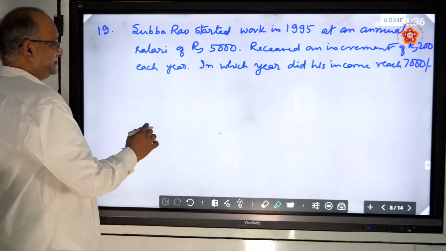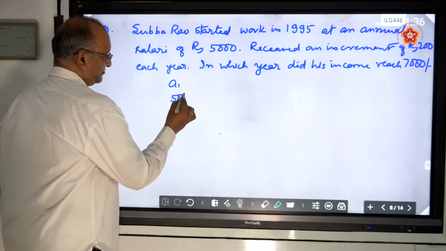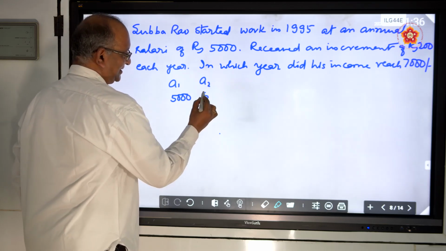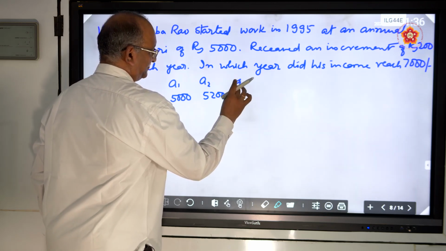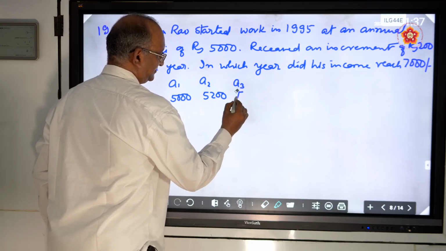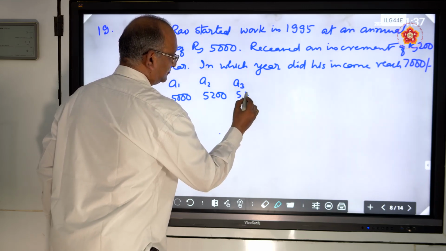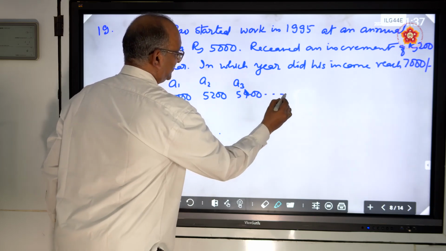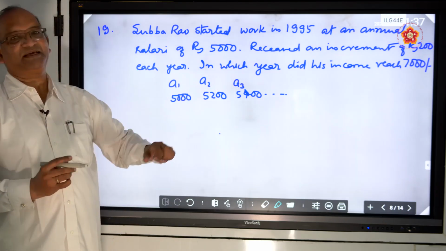First year, how much is it? If we call it a1, the first year his salary is 5,000 rupees. If you take a2 as the second year, his salary is 5,200. Third year, it is 5,400, etc. He is asking in which year his salary will be 7,000 rupees.